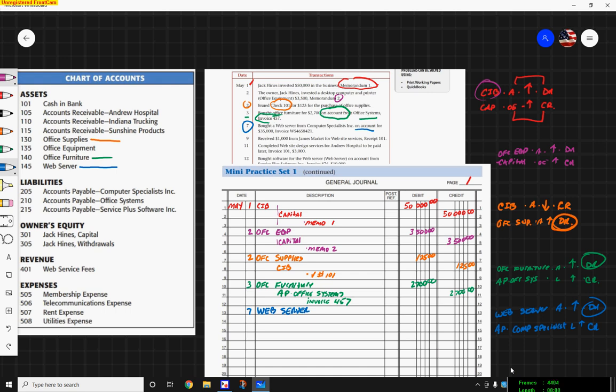That is one expensive server. Credit, accounts payable, Computer Specialist. $35 grand.